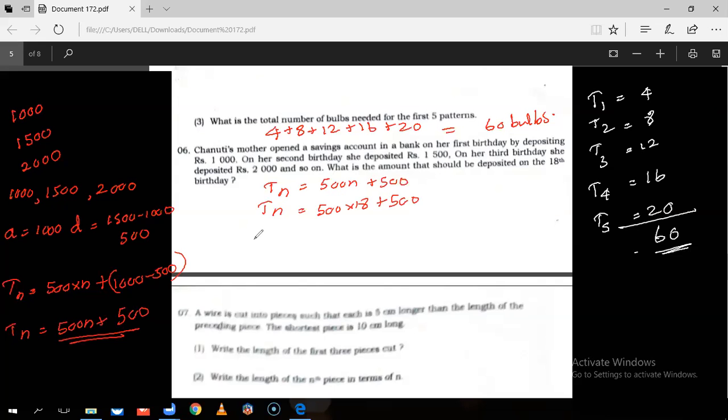T18 equals 500 times 18, that is 9,000, plus this 500. On her 18th birthday she deposits 9,500 rupees. Can you understand this? Yes, teacher. Okay, write down this.